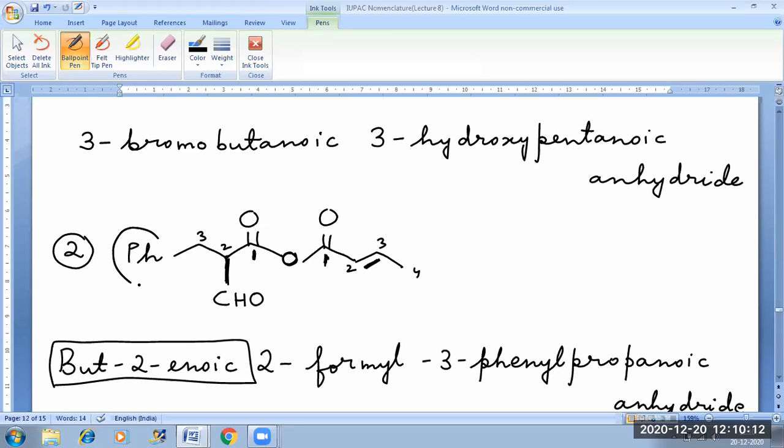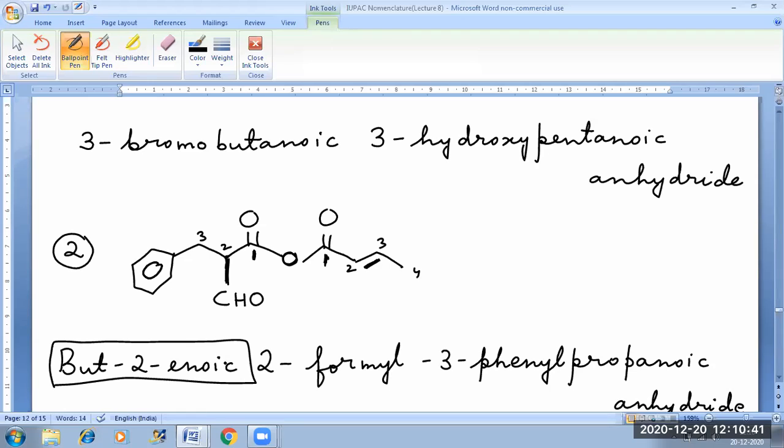This Ph, capital P, small h, is called phenyl. So either you call it phenyl or you write it like this, one and the same thing. On the third carbon atom I have this benzene ring attached, and that is why I'm calling it phenyl.